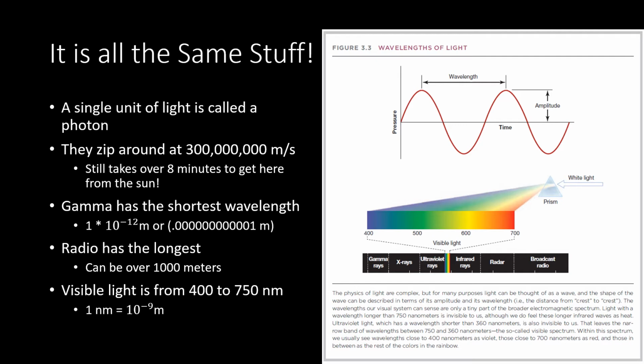This is why we use it for radio broadcasts, because it covers such a wide range as it's moving through the atmosphere. Now, visible light is between 400 and 750 nanometers. Just for reference, 1 nanometer is 10 to the power negative 9 meters. Approximately 1 billion nanometers fit in 1 meter.